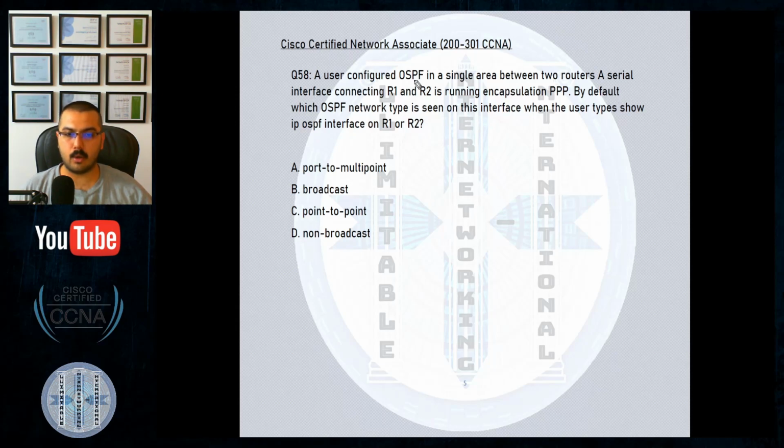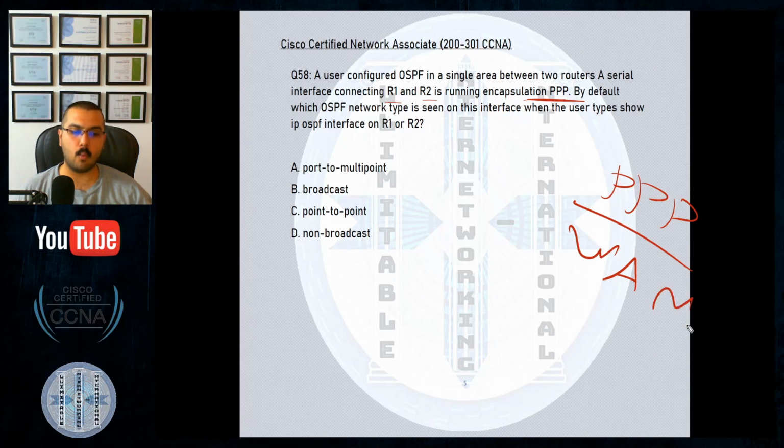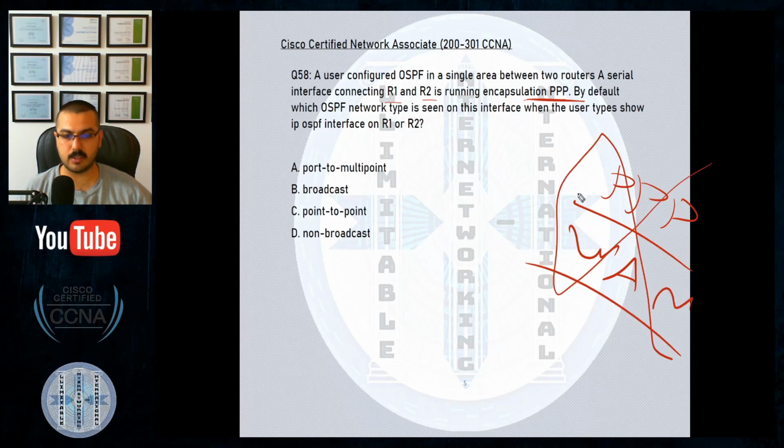A user configured OSPF in a single area between two routers, a serial interface connecting R1 and R2, and it's running by using the encapsulation of PPP. PPP, which is point-to-point protocol, is one of the important subjects of WAN, wide area networks, which was completely removed from the new CCNA.